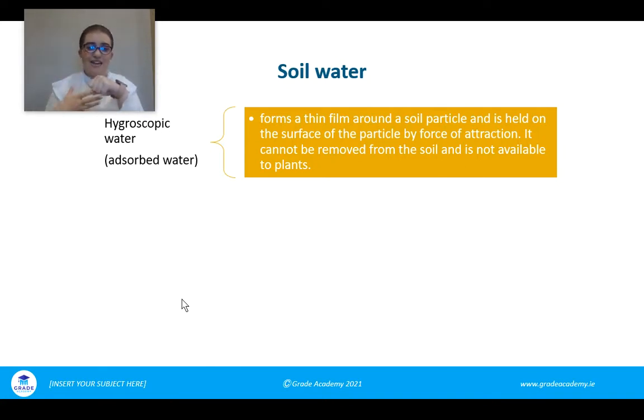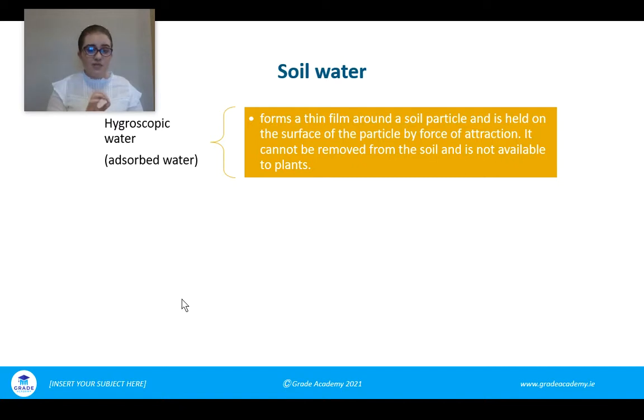It's kind of like cling film around the soil particle. To a degree that's useful, but it'll also cause problems because air can't get into that soil particle, and nutrients can't get into it. If you have something and you've cling filmed around it, the cling film is quite tight. That's the same with hygroscopic water. It's where water will form a thin filament around the soil.